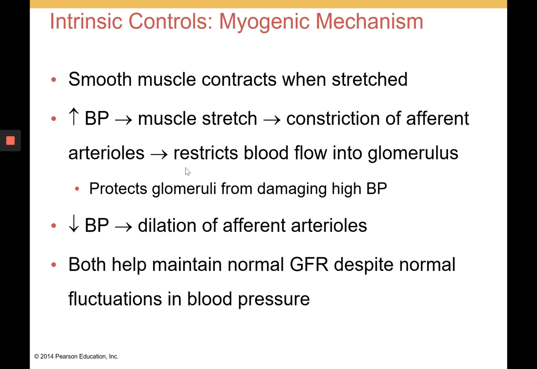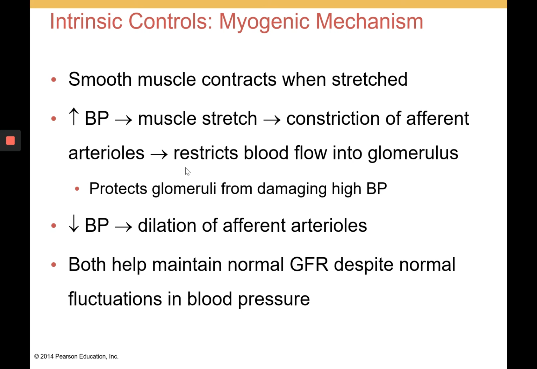Here's an example. If there is an increase in blood pressure, so an increase in pressure inside the blood vessels that feed the kidney, that causes stretch of the afferent arteriole. When the afferent arteriole's mechanoreceptors are stretched, it causes vasoconstriction of the afferent arteriole, which will restrict blood flow to the glomerulus.